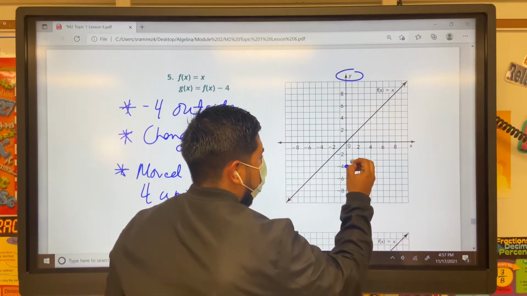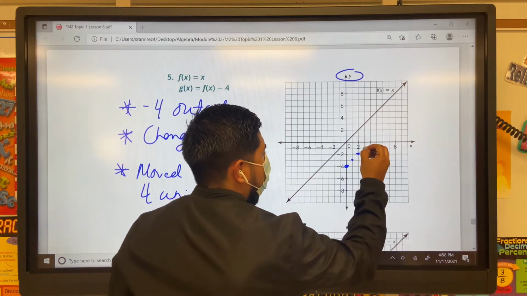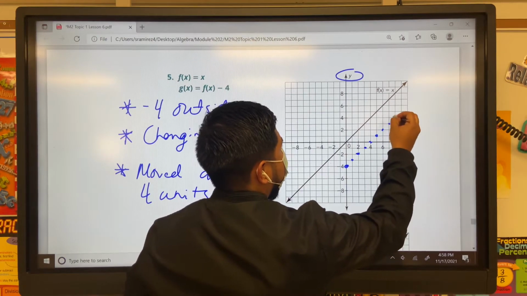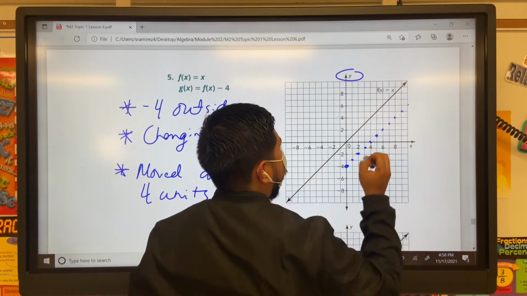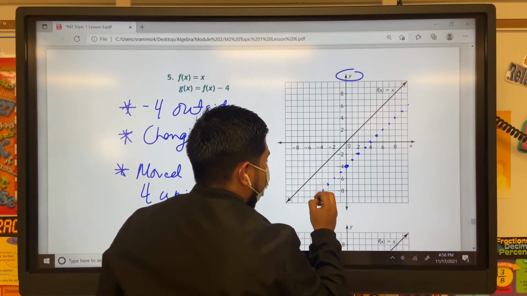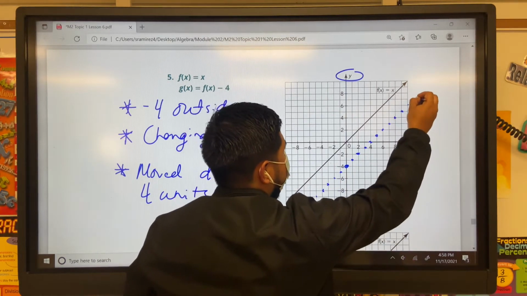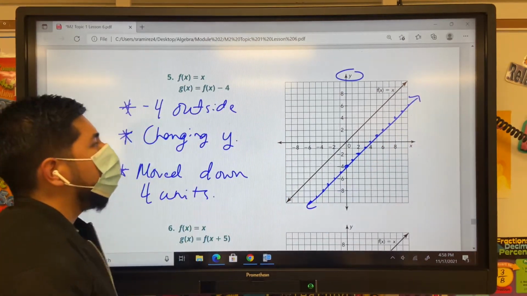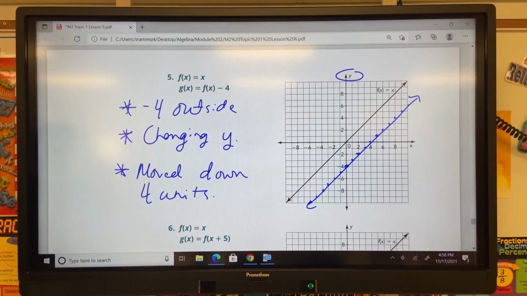Point, point, point, point, point, point, point, point, point, point. Going to continue downwards, point, point, point, point, point. Dang it, that's okay. And then we're done right there.